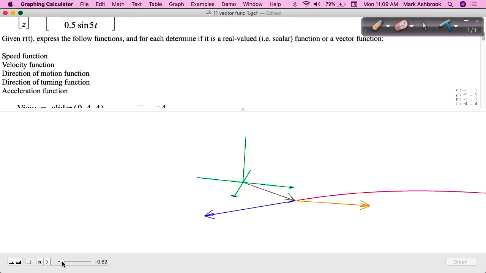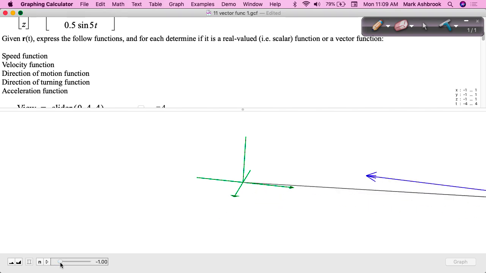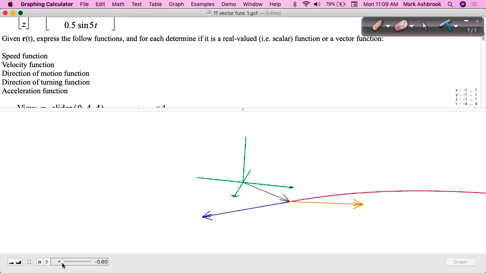Anything else about this? What's the other aspect to acceleration? Yeah, so what about turning here? Okay. But most of the acceleration is due to what? Most of the acceleration is due to slowing down. Is there much turning? Just a little bit of turning.